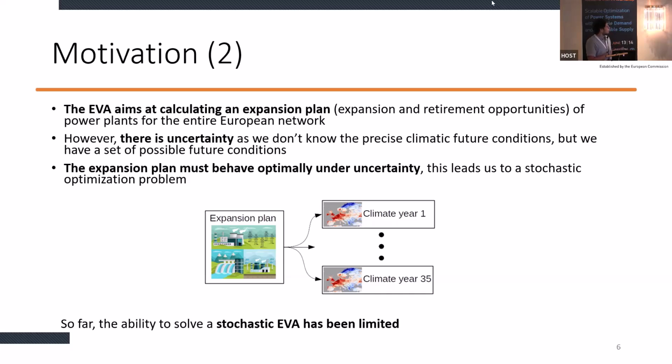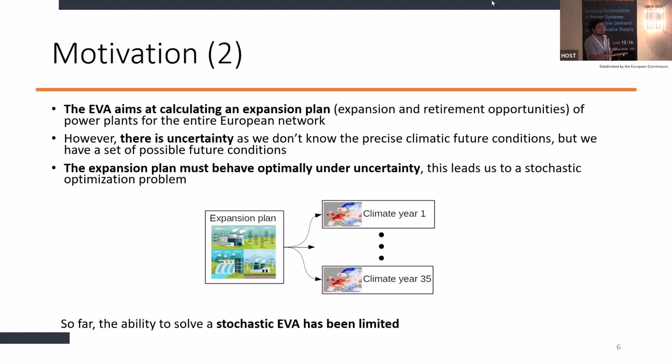And this leads us to the front of stochastic optimization. For this stochastic optimization problem, we want to calculate an expansion plan, taking into account that we are not entirely sure what is going to happen in the future, but we just have some set of possible climatic conditions. Concretely, what ENSOI considers is that there are 35 climatic conditions.